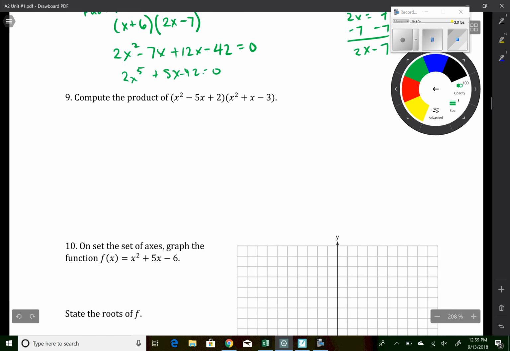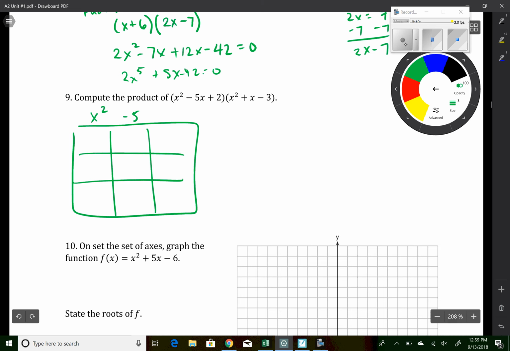Number 9 says to compute the product. So here we're just multiplying the terms together. It's a 3 by 3, right? Just continued practice of this skill. So I have x to the 4th, x cubed, negative 3x squared, negative 5x squared. Oh, no, 5x cubed. My bad.